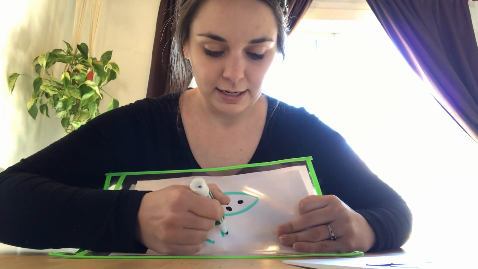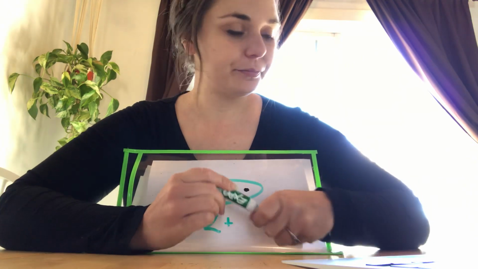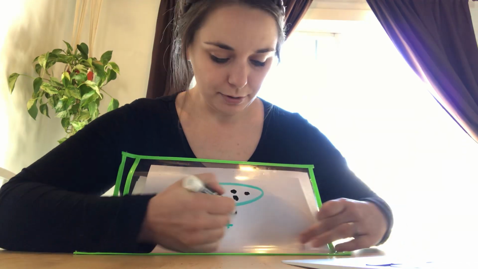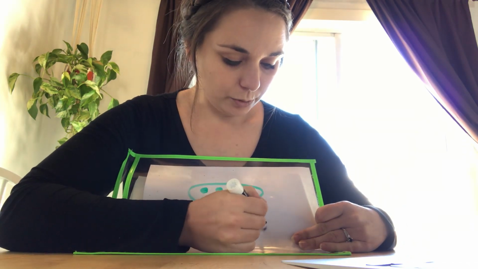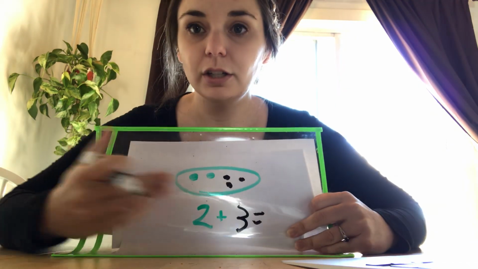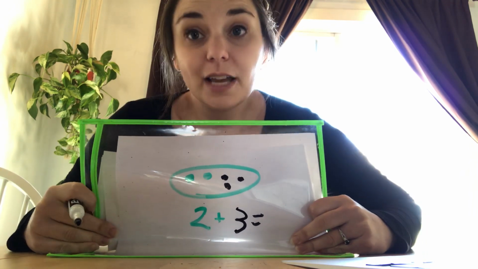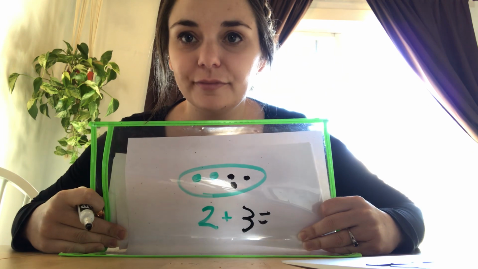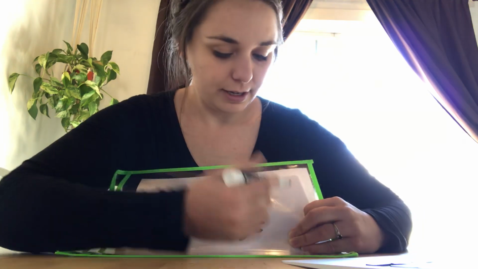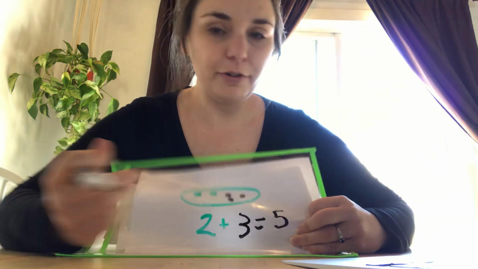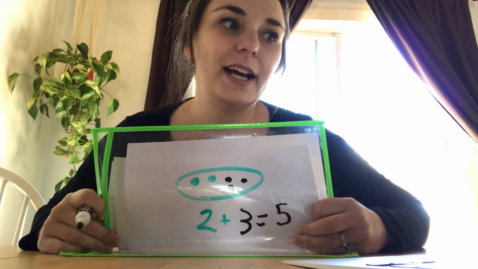So we added, how many frogs came by? 3 more frogs came. So 2 plus 3 equals, can you write that equation? 2 plus 3 equals, and then count all the frogs. How many are there now? There are 5. So 2 frogs plus 3 more frogs equals 5.